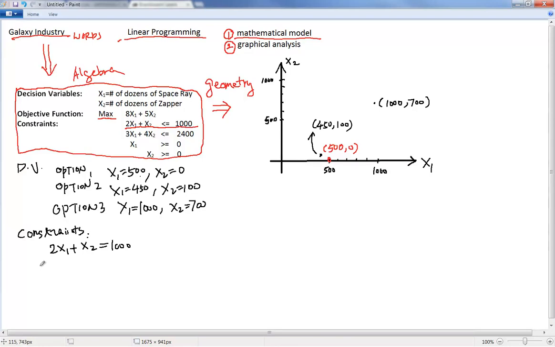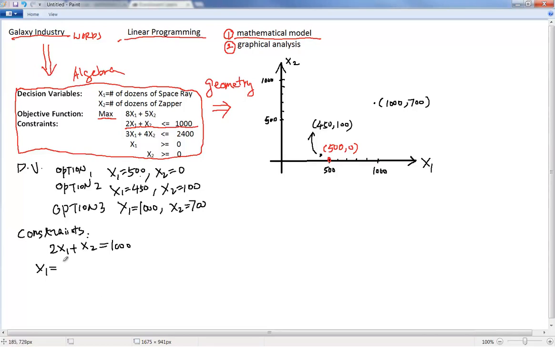We can arbitrarily choose any x1 value and use this equation to solve for x2. That will give us 1 point. And we can again arbitrarily select a different value for x1 and then again solve for x2. That will give us the x2 value for the second point.